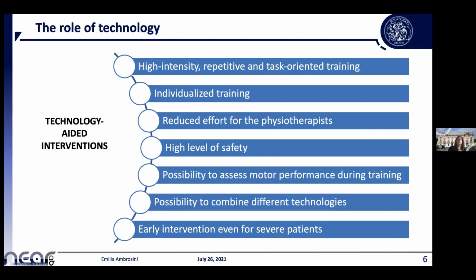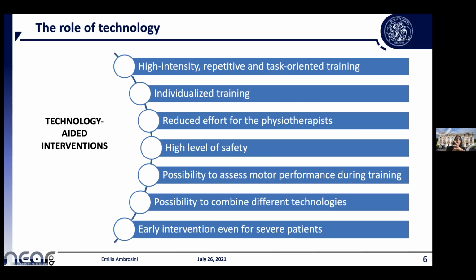They can assure a training with a very high level of safety. Also, they allow assessing motor performance during training. Also, it is possible to combine different types of technologies in order to include many of the elements I have described before that have been shown to have an effect in driving neuroplasticity.